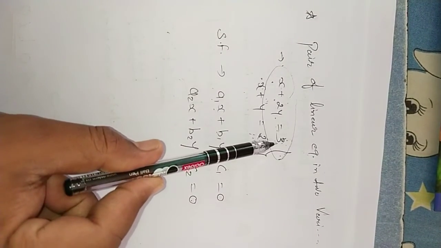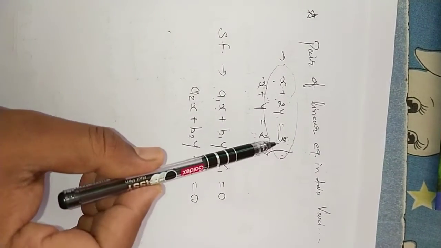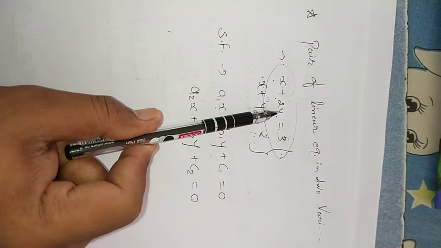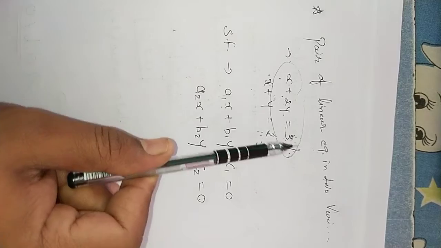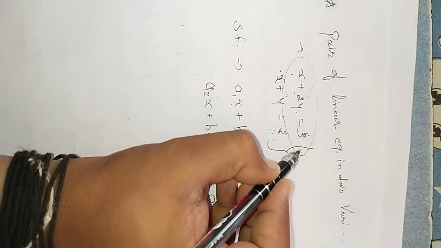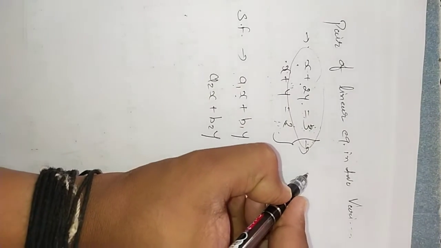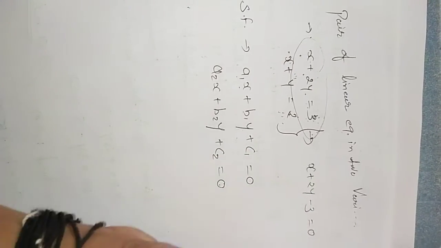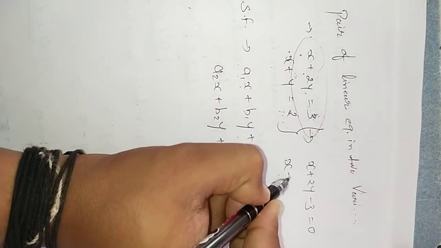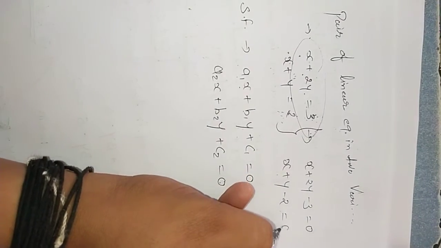But here, what will the constant term be? Plus 3 goes to the other side, it becomes minus. If I want to convert it into the standard form, I will write x plus 2y minus 3 is equal to 0, and x plus y minus 2 is equal to 0.